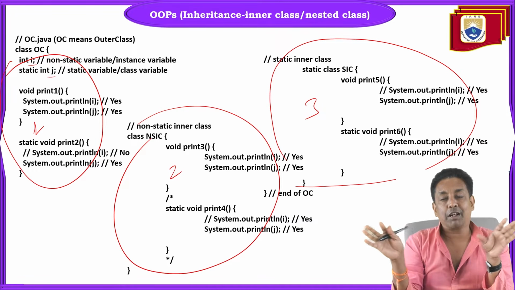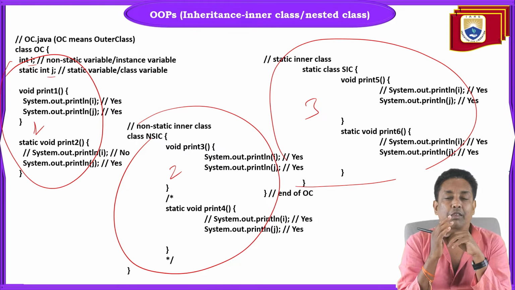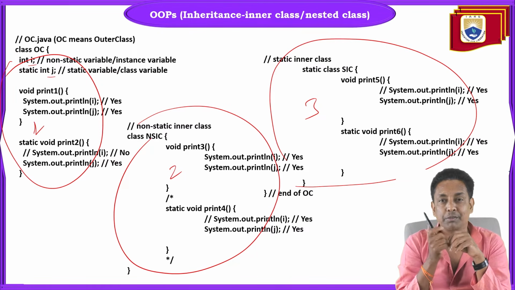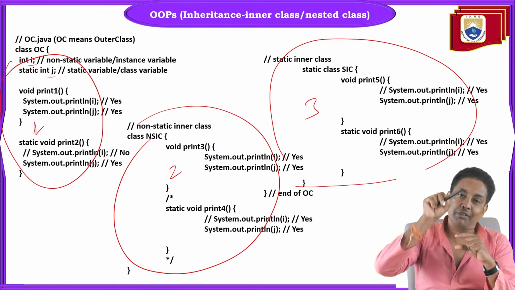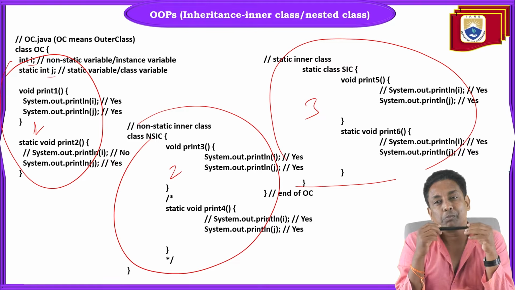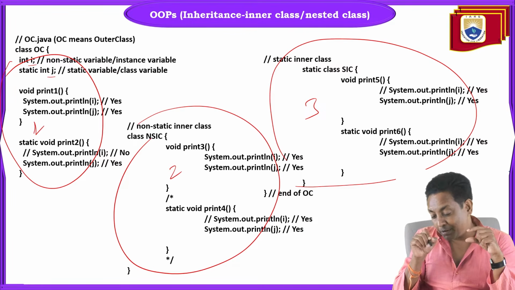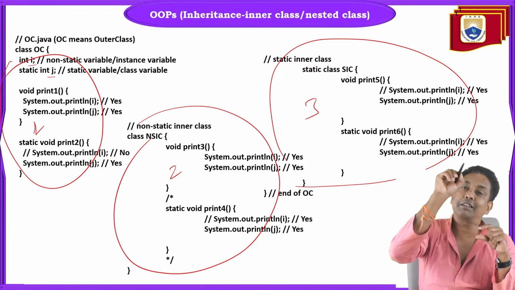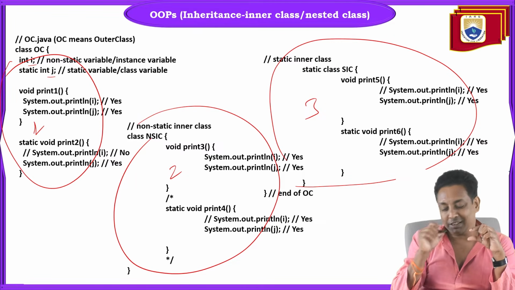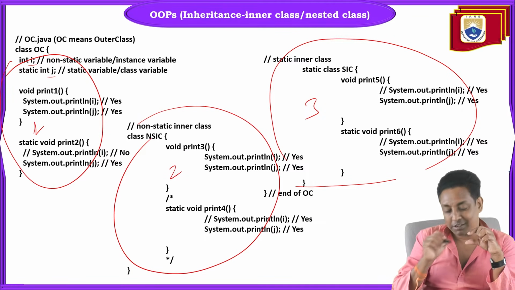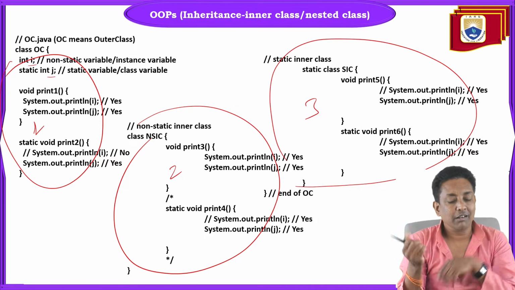Forget about all that. A static method can access only static variables. It cannot access non-static variables. But a non-static method can access both non-static variables and static variables, because a non-static method can access its instance memory variables as well as class memory variables.